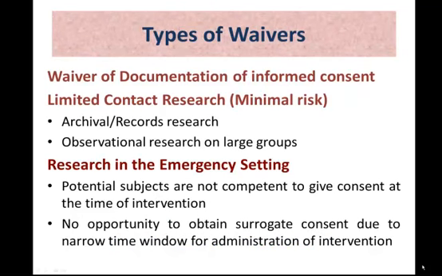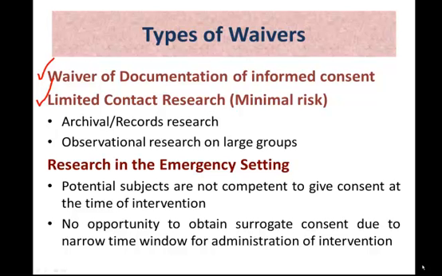When we discuss a waiver of consent, regulations, including the U.S. regulations, recognize a waiver in three different types of instances. One, we have a waiver of the documentation of informed consent. Second, we have waivers that are ethically appropriate in limited contact research or minimal risk research.